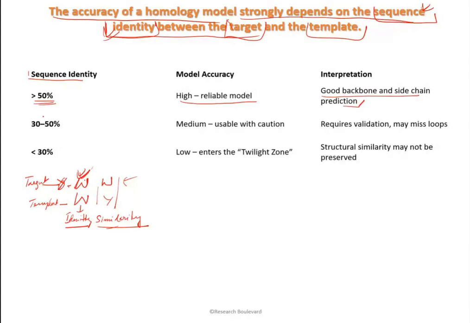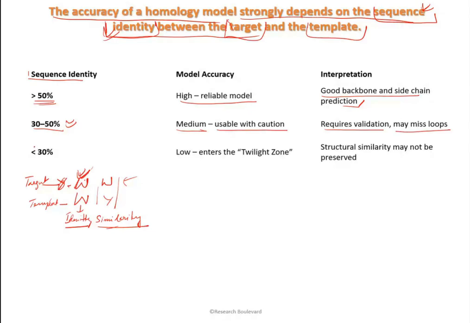If you have about 30 to 50% sequence identity between the target and template, the model you generate will be average, and you have to be very careful. Okay. So it requires validation, and if there are missing loops, or when you align there may be regions where the model cannot be generated, there may be missing loops, so you can again generate those.